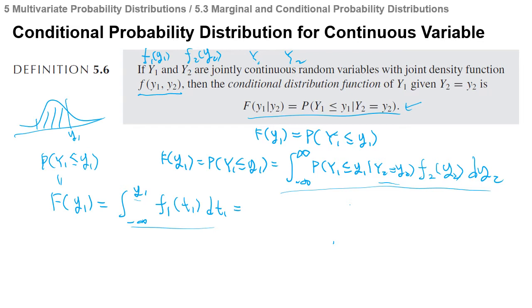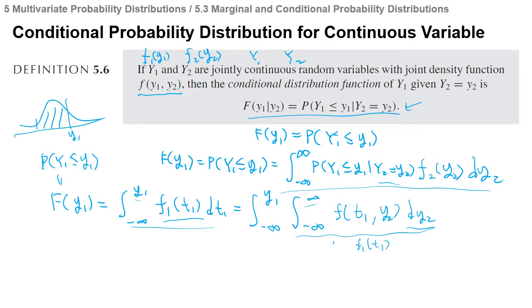And to calculate f1(t1) from the joint distribution, by the definition of marginal probability, you integrate the joint density f(t1, y2) dy2 with respect to y2 from minus infinity to infinity. You can get f1(t1), and then dt1.